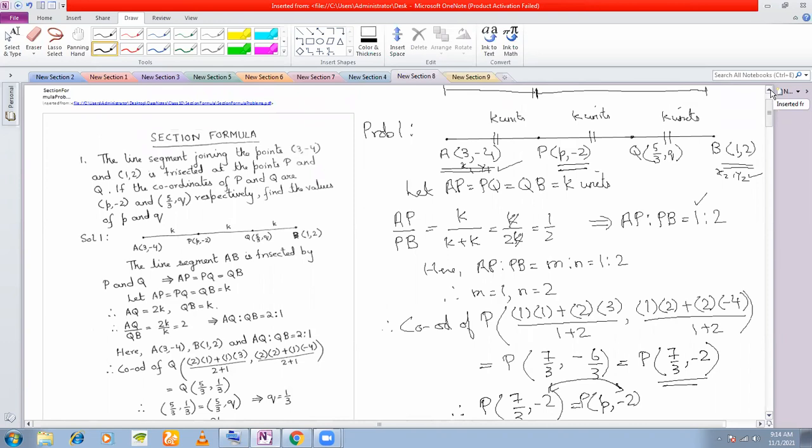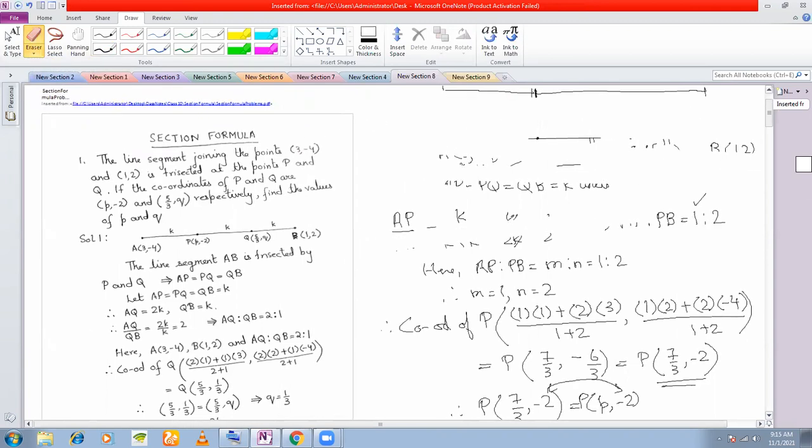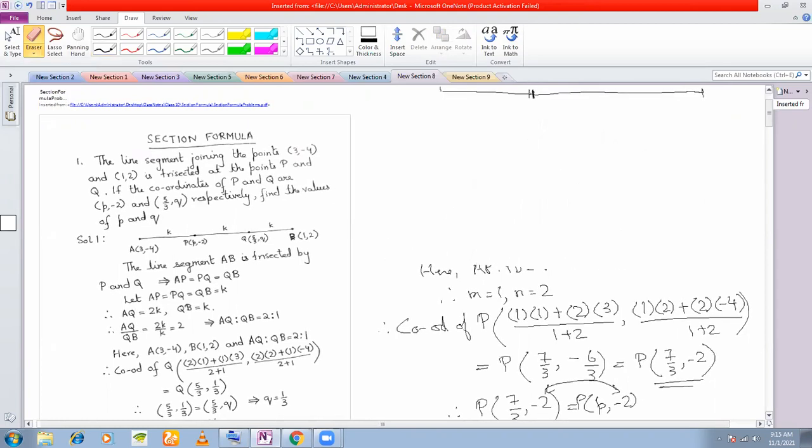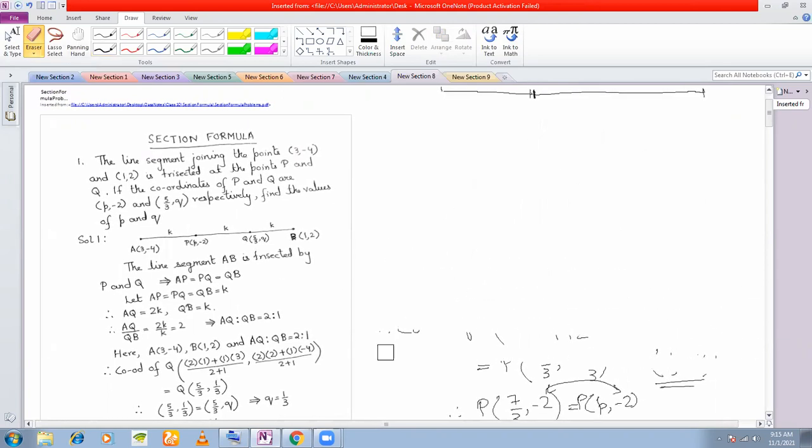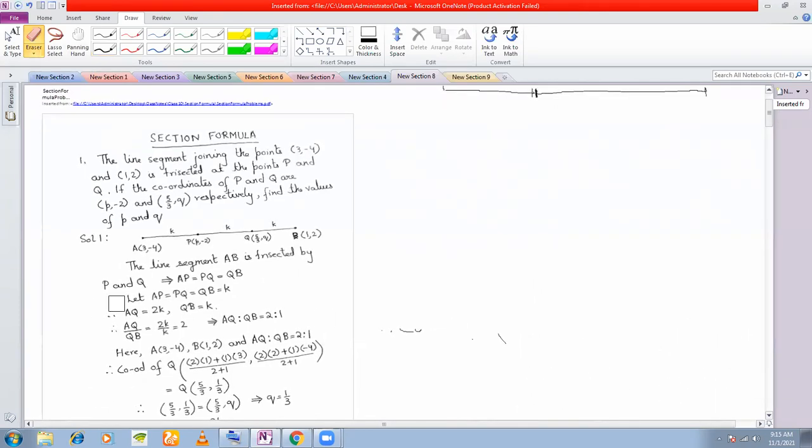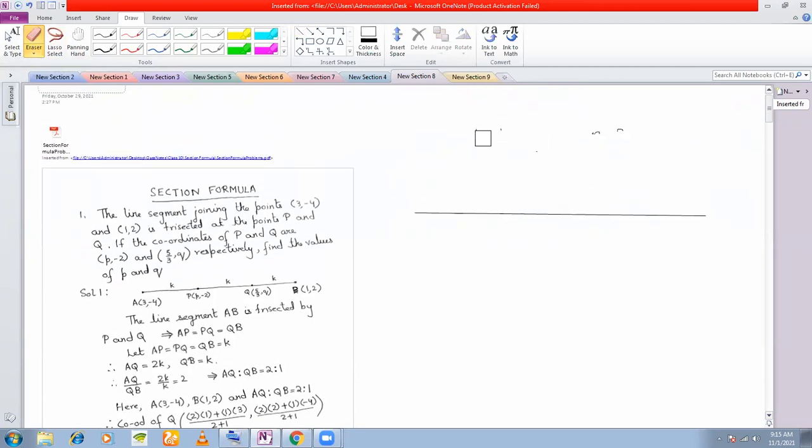Fine. We'll now proceed to find out the value of Q. We'll proceed exactly in a similar manner, but this time we are going to approach a little differently. This is our line, which joins the points A, 3 minus 4, and you have the point B, 1, 2.